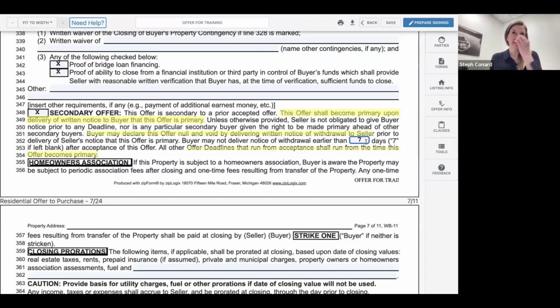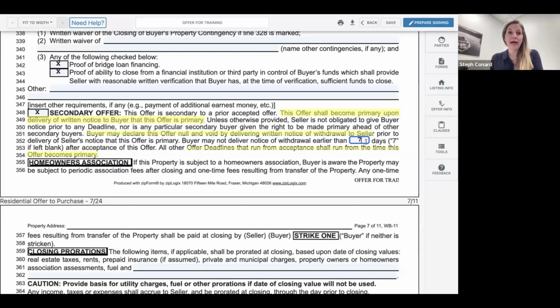For example, on one of my listings back in April, it had multiple offers. My seller accepted one offer, obviously, and the other offer that they were closest with, we went back to that buyer and said, if you want, you can hang out in secondary position until you find another home that you want to write on.